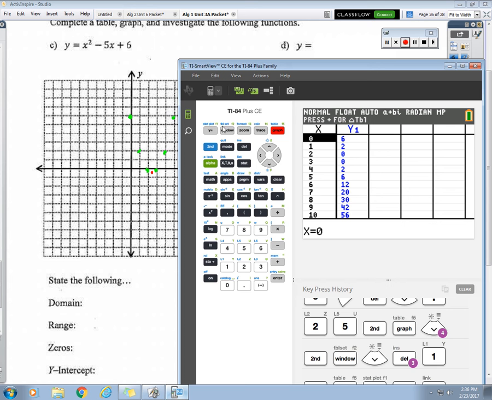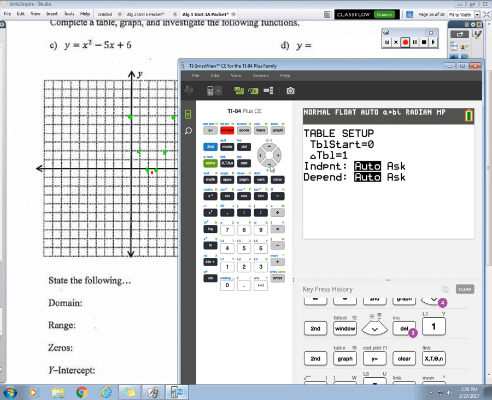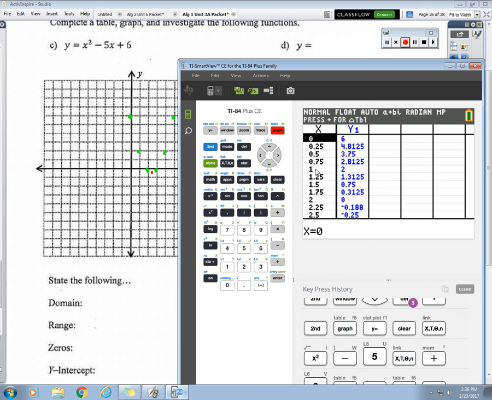But, like I was saying a while ago, right here in blue it says table set for table settings. You can change that. If you hit second and then table settings, I can go by quarters, 0.25, instead of ones. And now when I go back to my table, now look. Okay, look up at the board. There's 2, 0, which I already plotted.